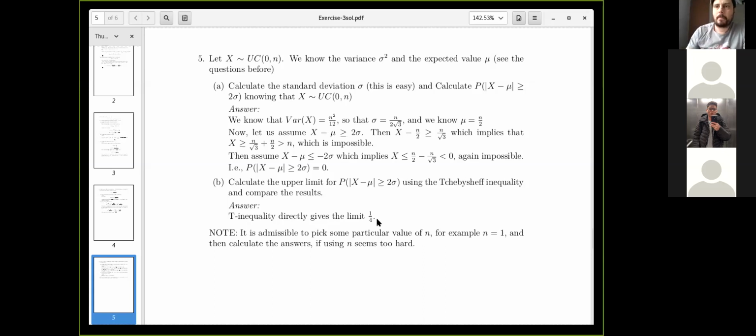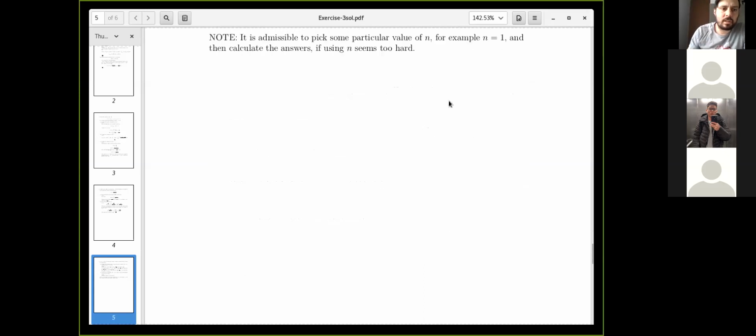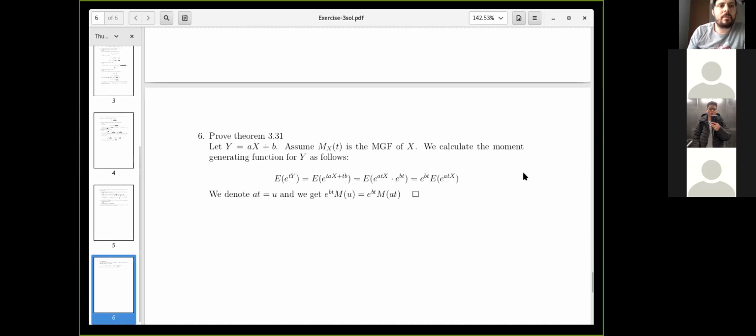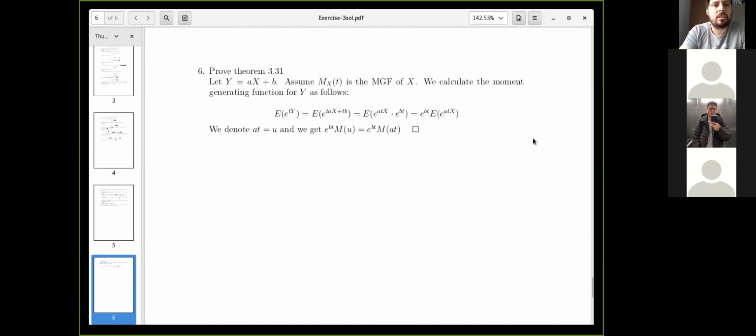All right, moving on. Number 6, prove theorem 3.31. Well, this was again just throw it into the formula. What is the moment generating function of y? Well, let's calculate it. It's the expected value of e to the ty, which is the expected value of e to the t times a x plus t times b, multiplying a x plus b by t.